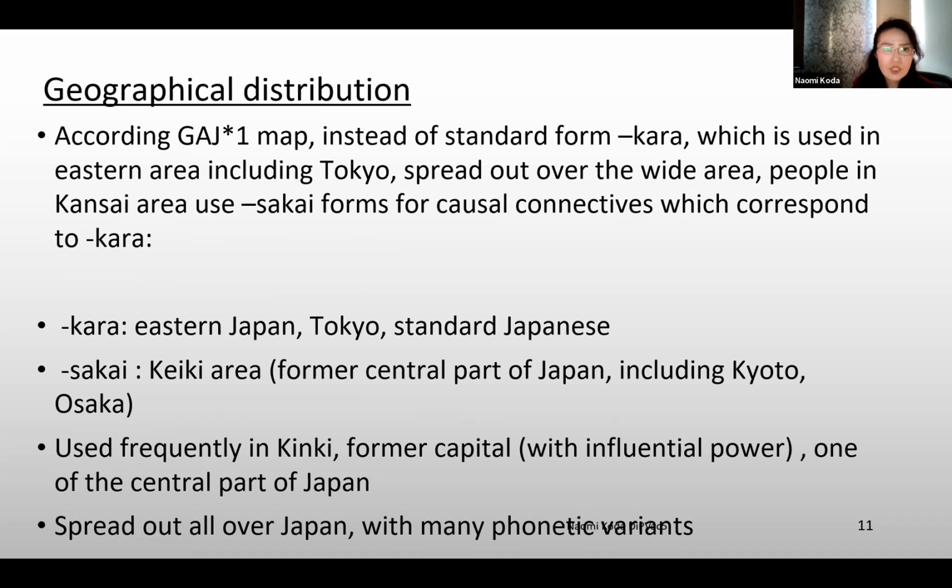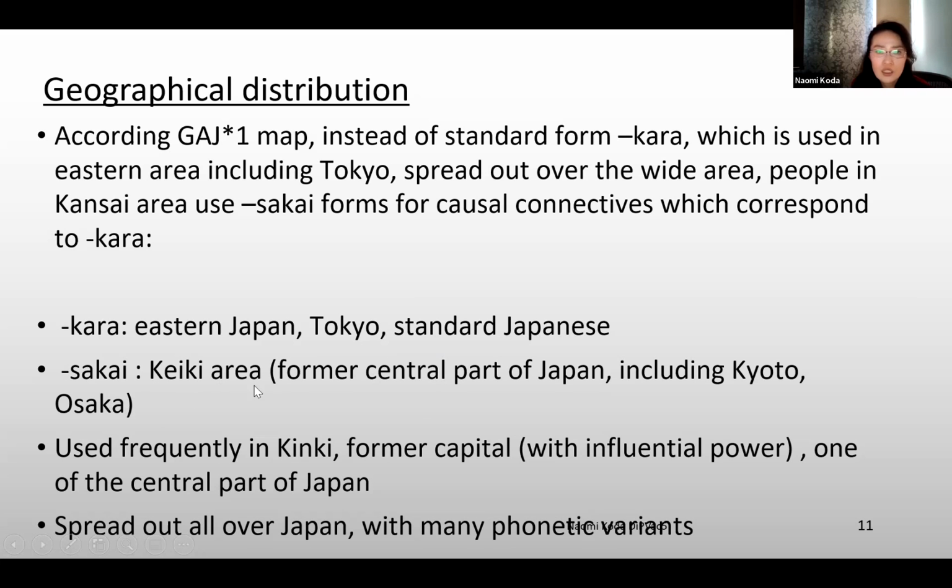So according to the GAJ map, instead of the standard form kara, which is used in the eastern area, including Tokyo, and spreads over a wide area, people in the Kansai area use Sakai forms for causal connectives, which correspond to kara. Kara: Eastern Japan, Tokyo, and Standard Japanese.